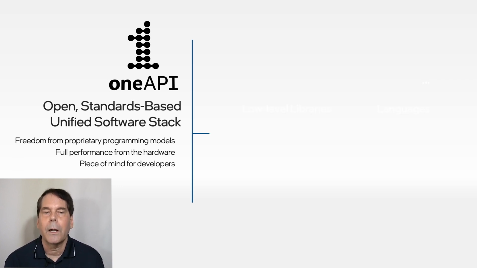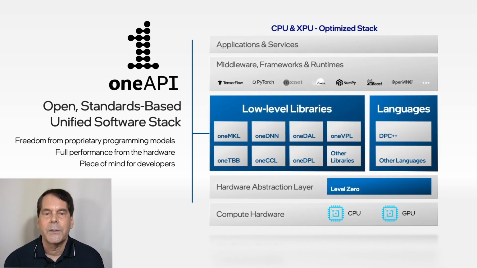It specifies a common hardware abstraction layer, data parallel programming language, and comprehensive collection of performance libraries addressing math, deep learning, data analytics, and video processing domains. oneAPI is an industry initiative that provides an open, standards-based, unified software stack that is cross-architecture and cross-vendor. I won't be going into more detail, other than to say that oneAPI provides a comprehensive software framework for programming Ponte Vecchio and is running on the A0 silicon.